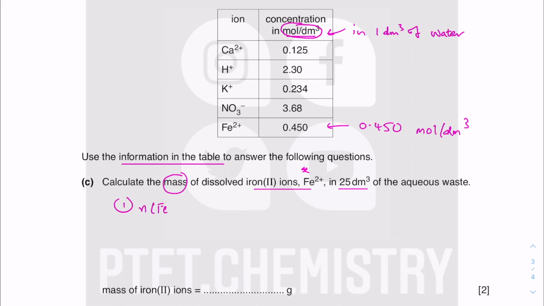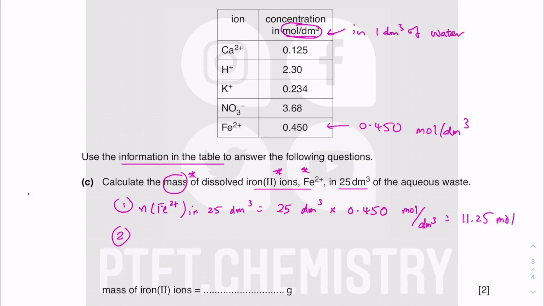The mole, labeled as n(Fe2+) in 25 dm cube, is going to be 25 dm cube multiplied by 0.450 mole over dm cube, because the dm cube and dm cube will cancel and you will get mole. The volume is already in dm cube, so I don't need to convert it again. So that's 11.25 mole.